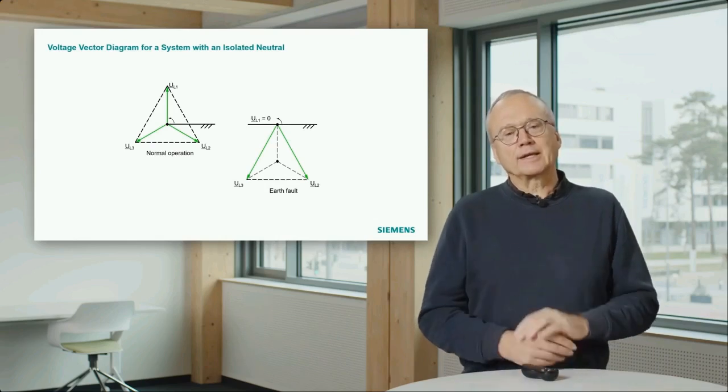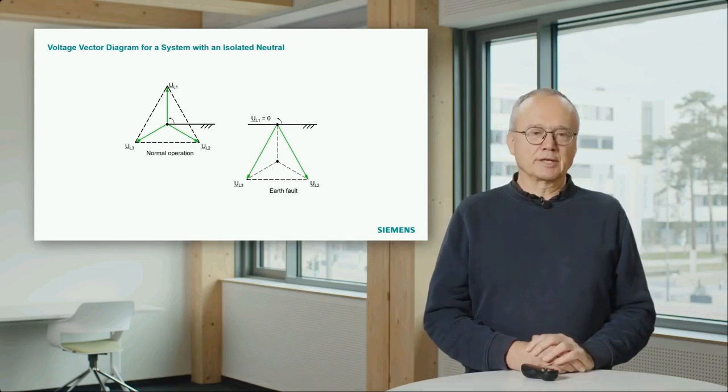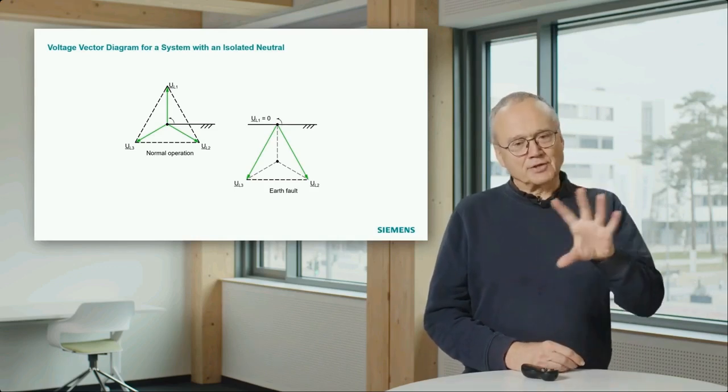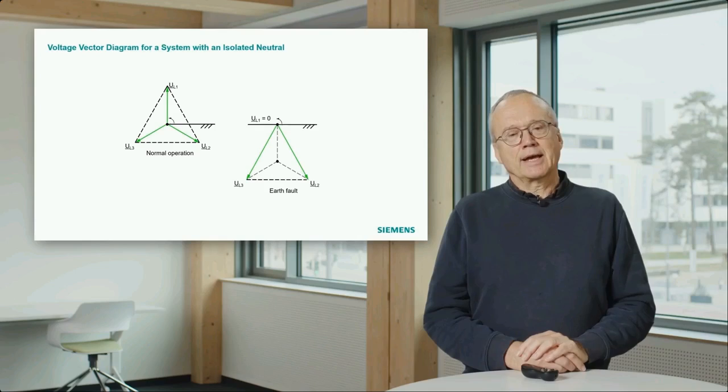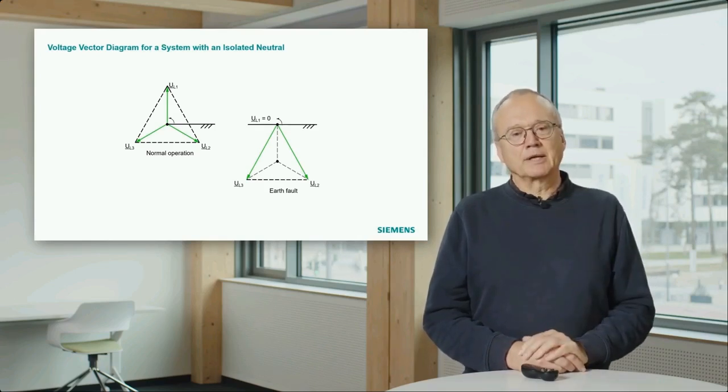If you are in an overhead line system, there can be a slight asymmetry so that you get a little bit of a deviation. That means we have this triangle there, and this point in the middle is ground potential.